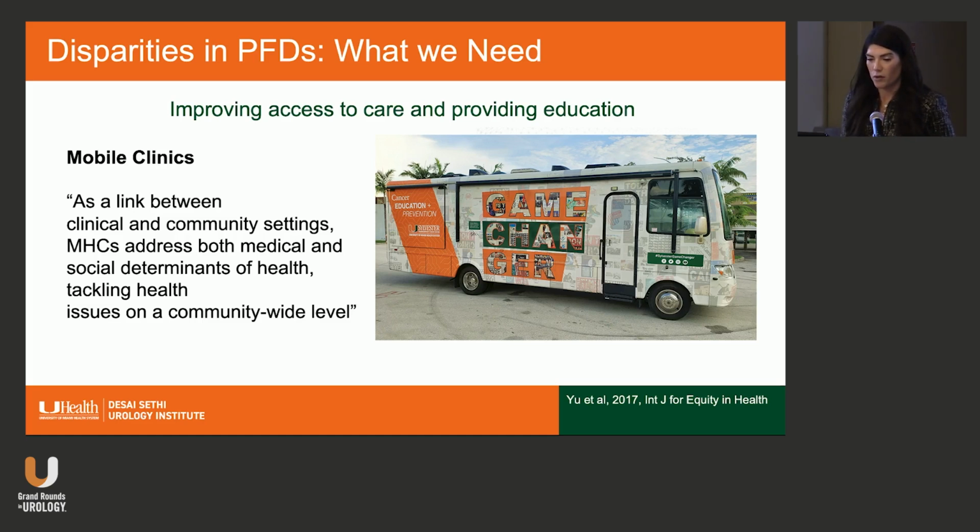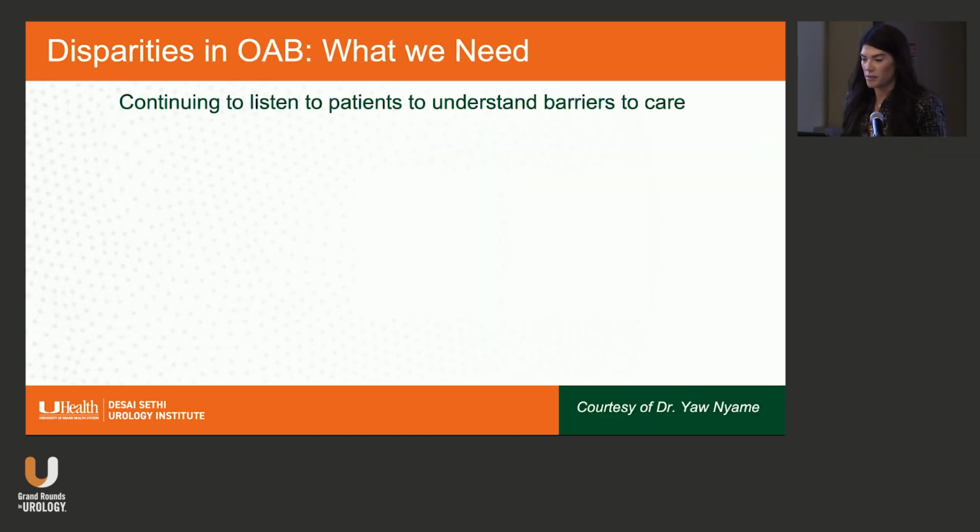The hope is that these mobile health clinics will address barriers with social determinants of health and tackle health issues at a community-wide level to improve access to care and, in particular, educate patients that they don't have to suffer from their pelvic floor disorders or whatever it may be. This is used across the board at University of Miami, these game changers, especially for cancer surveillance and screening as well.